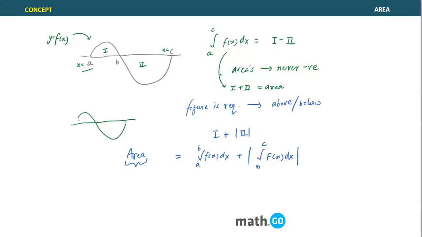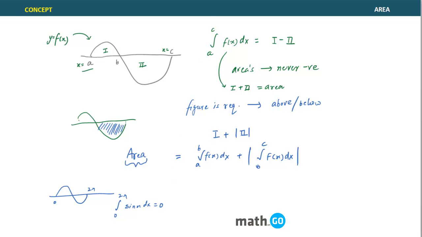Okay, so the curve can be anything, but the area has to be always positive. So for the region which is below the x-axis, for example in this case here, you will have to take a modulus sign, otherwise you will get the answer 0. We did this in definite integration, where I also asked you to learn this: if I asked you the integral of sin x from 0 to 2 pi, I told you to remember this as nothing but 0.